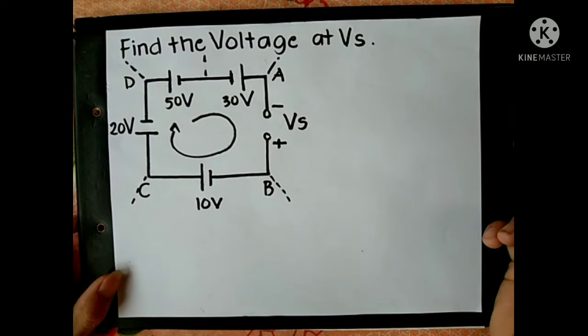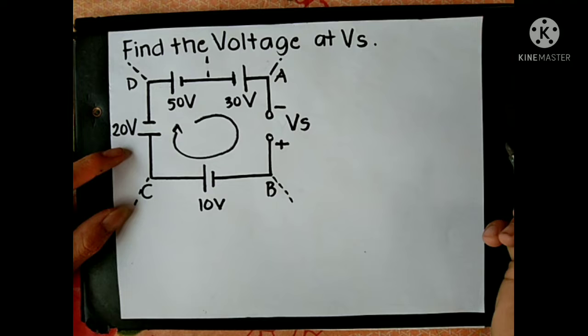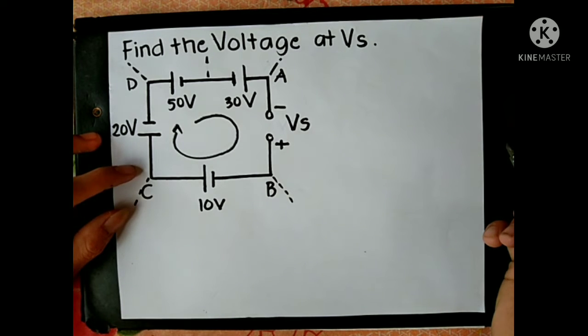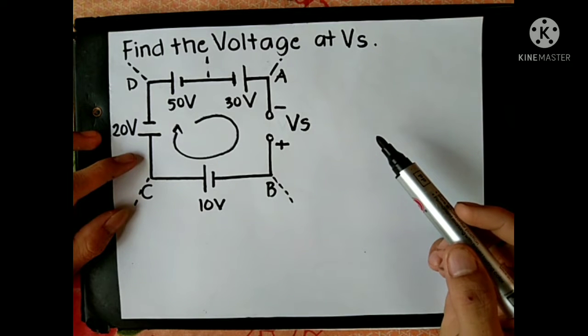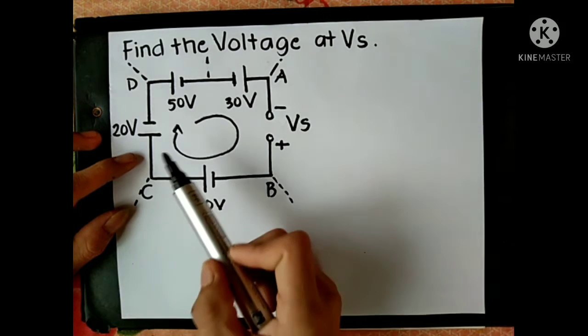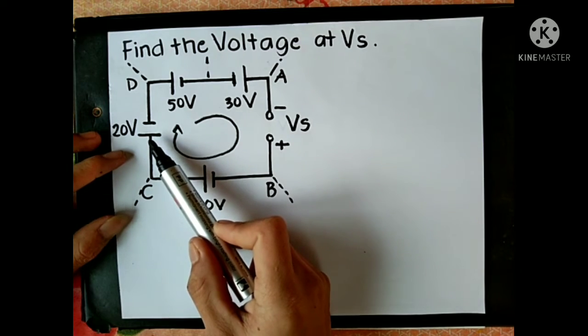Let's start at the 20 volts. When we enter the 20 volts, the direction is clockwise, so we enter the higher potential, which is the positive.